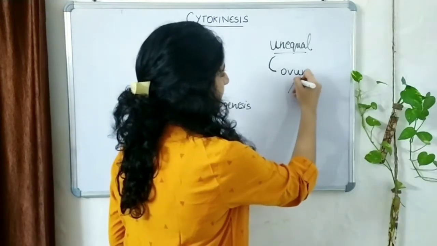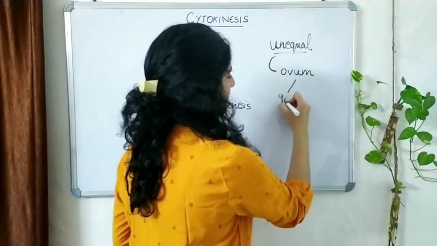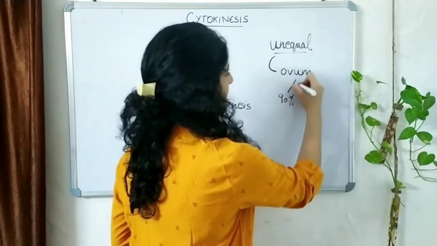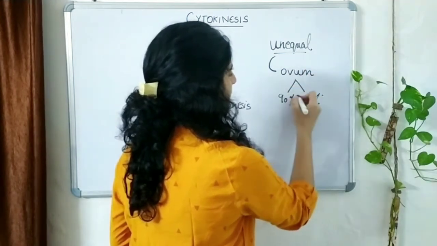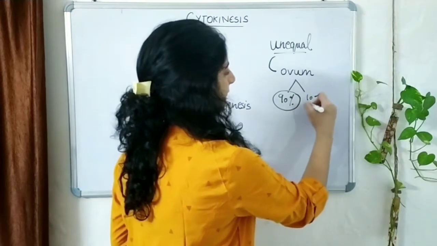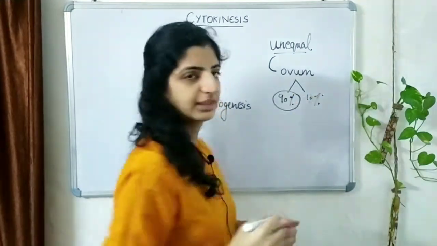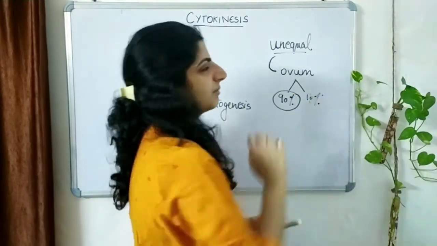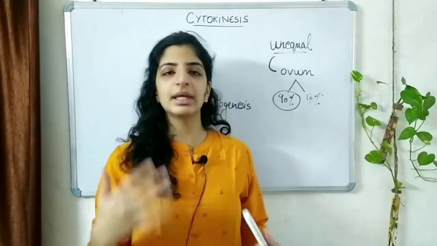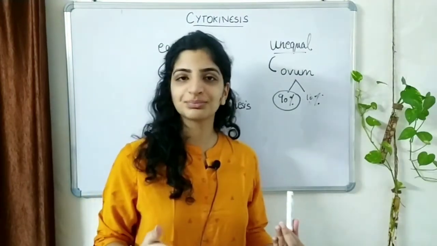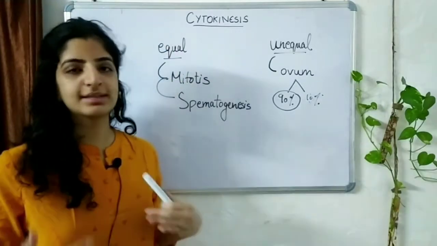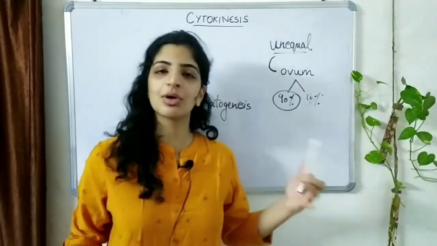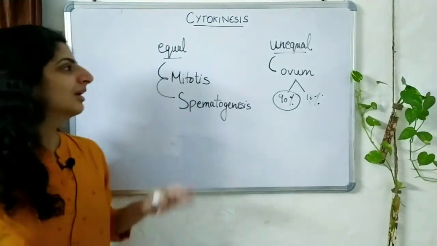One of them gets about 90% of the cell contents, and the other has about 10%. This 90% survives while the 10% degenerates. This 10% exists just to make the chromosome number half. However, how exactly this happens and what the steps are, we are going to discuss when we talk about gametogenesis.